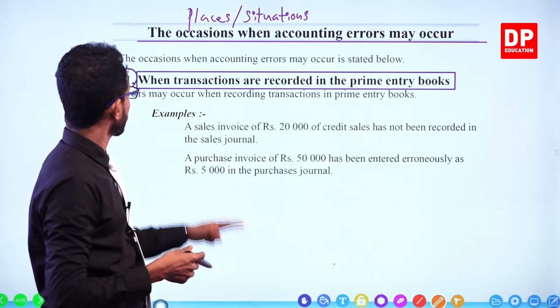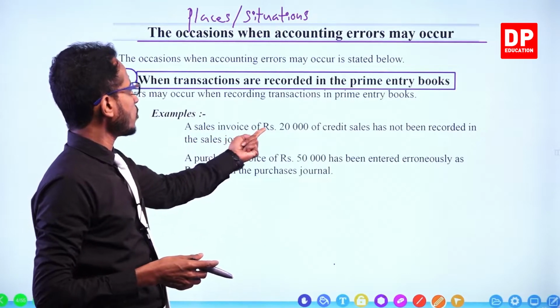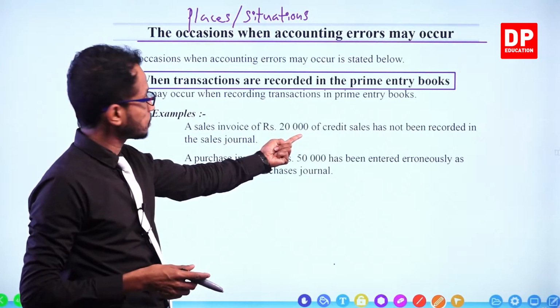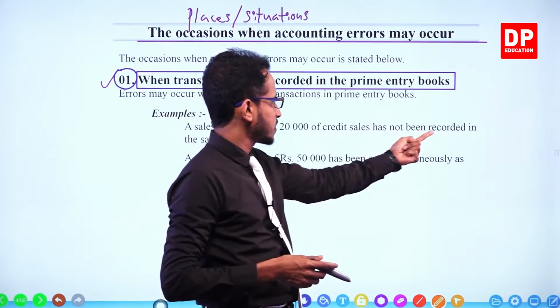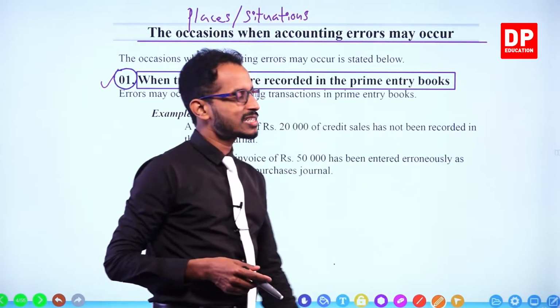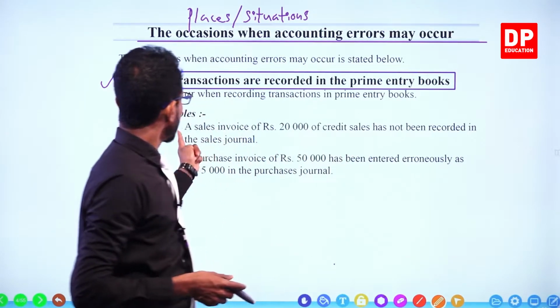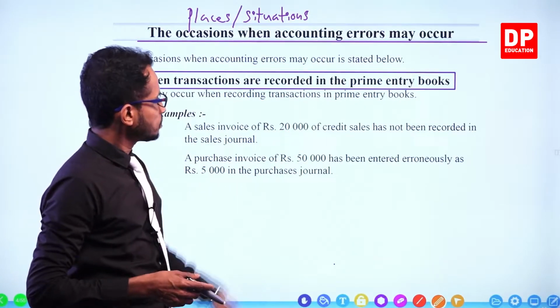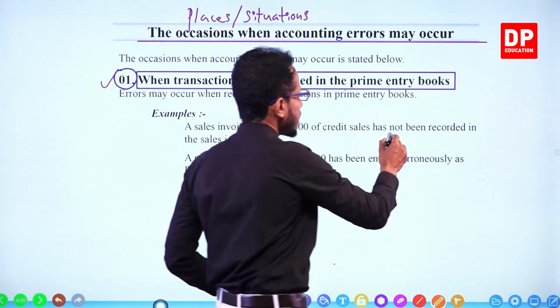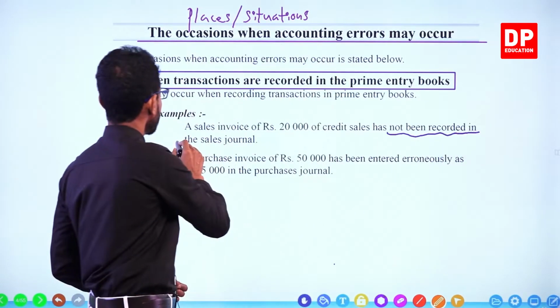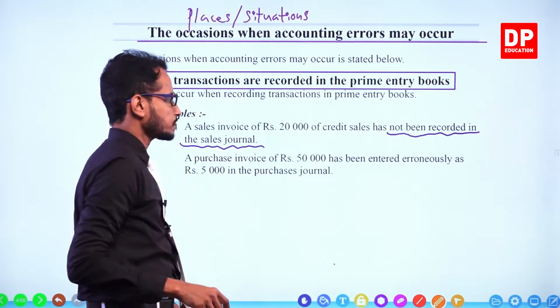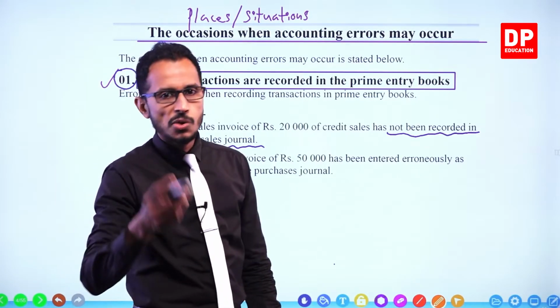Something like this: a sales invoice of 20,000, credit sales done to a customer, has not been recorded in the sales journal. Error or not?